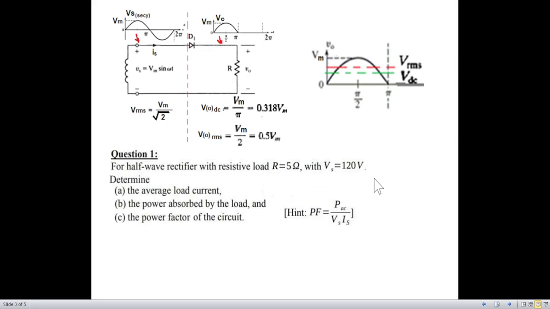Like in our household, when we say it is 220 volt or 120 volt, then we mean it is RMS voltage. So I'm just writing it here, RMS. And so here instead of sine, we'll now write Vs 120 volt RMS to solve this question.